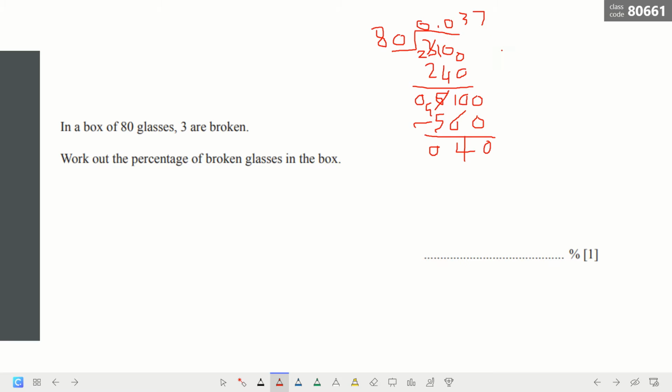If I want to approximate to the nearest hundredth, that means 2 digits. 0.037 is equal, to the nearest hundredth, to 0.04. 0.04, as you know, is equal to 4%. So the answer is 4.